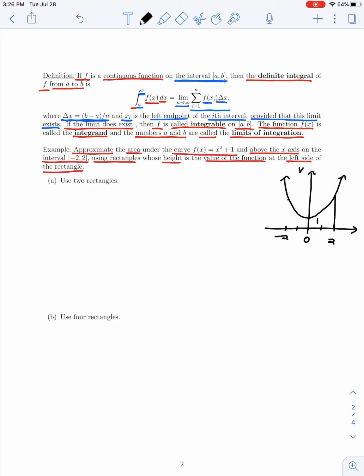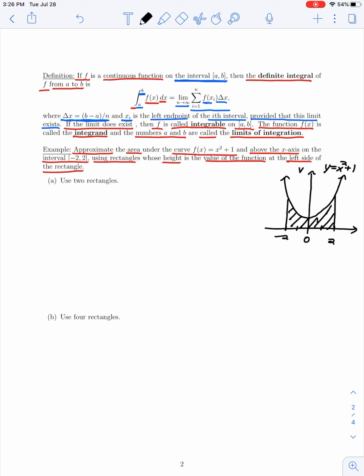So the area of interest is the area that lies under the graph of that function and above the x-axis over this interval. So here our curve was x squared plus 1.